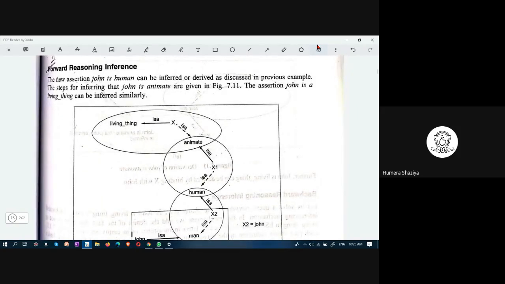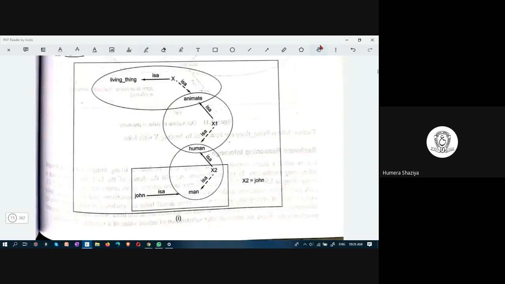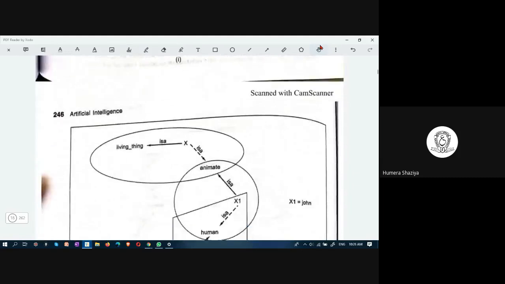Using forward reasoning inference, the new assertion, which is John is human, can be inferred or derived. How can you derive that John is human? The steps for inferring that John is animate and John is a living thing could both be inferred similarly.